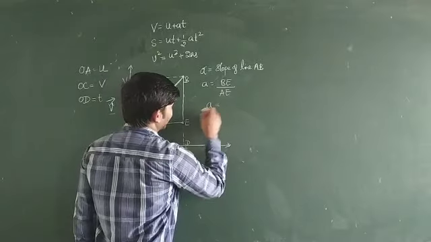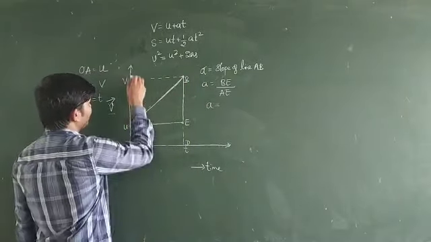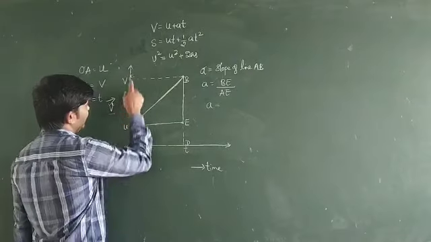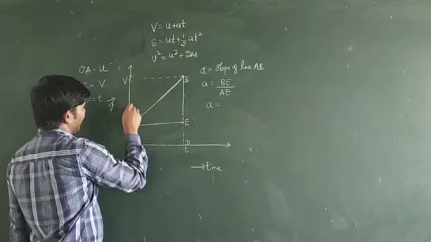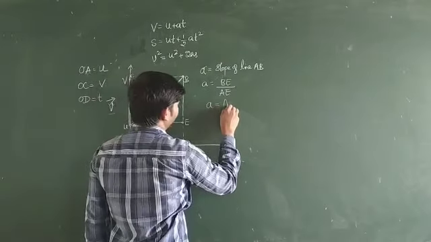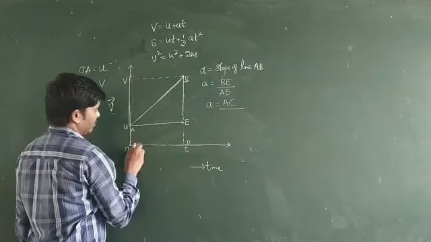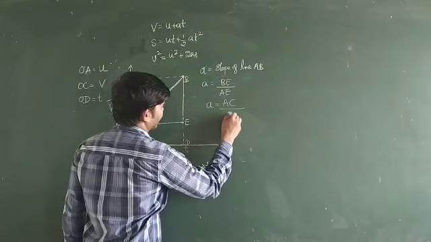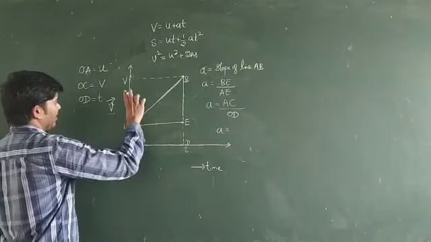So acceleration is equal to BE divided by AE. Here we will give the name AC, so BE is equal to AC, divided by AE, which is equal to OD. So A is equal to, what is AC?